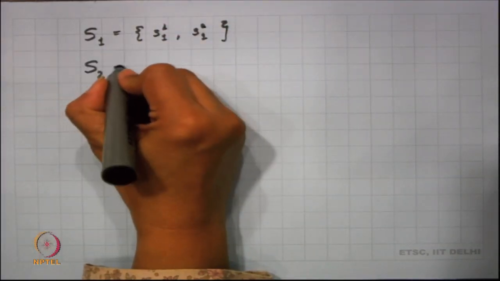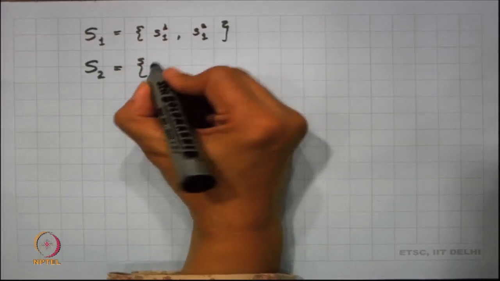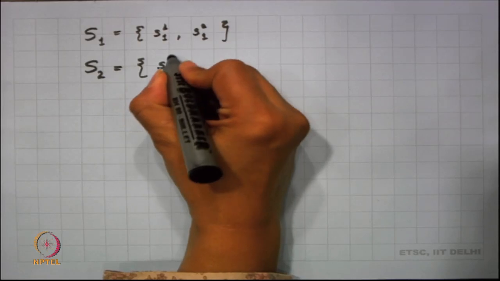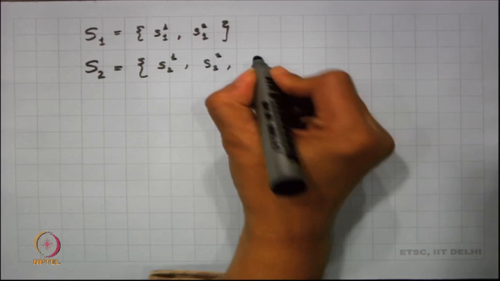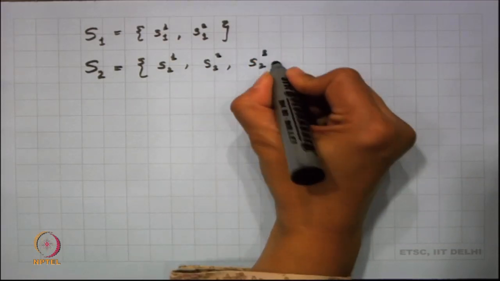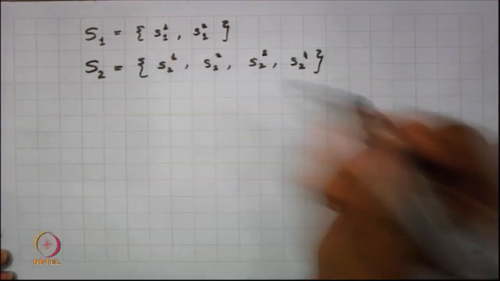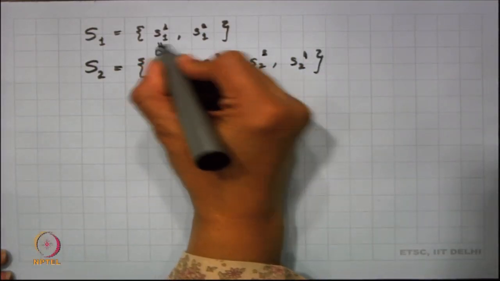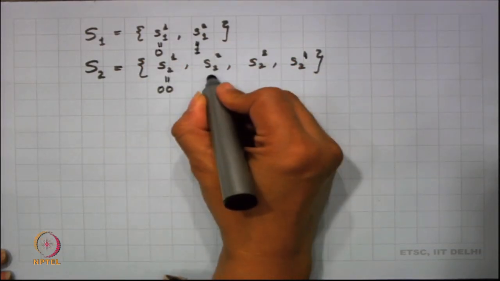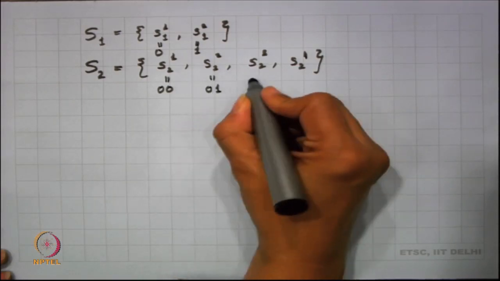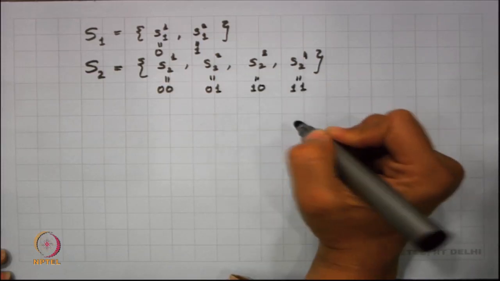If I am looking into S_2, I know there are 4 sequences of length 2. So, this is S_2, I have first, second, third, fourth, and it is needless to say this will be 0 0, this will be 0 1, this will be 1 0 and this is 1 1.